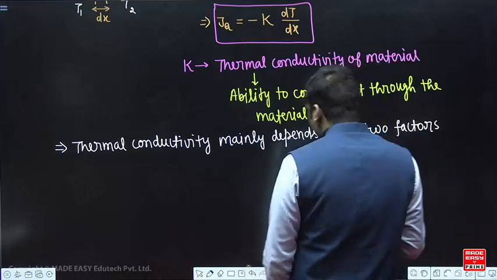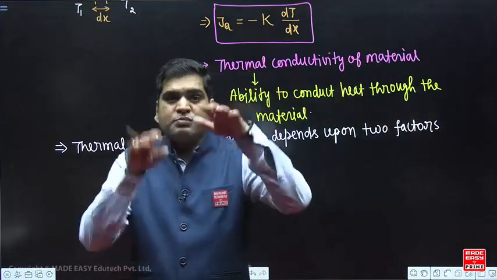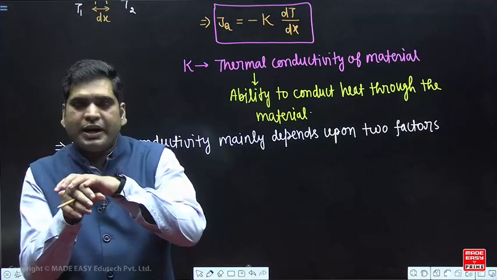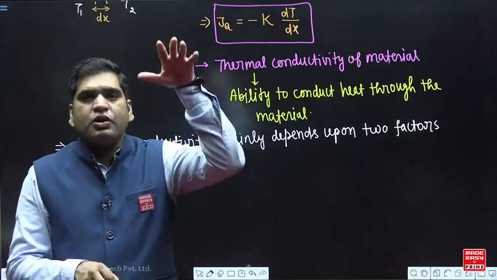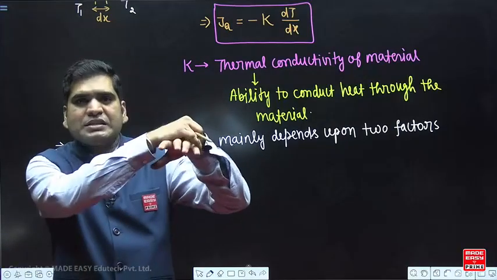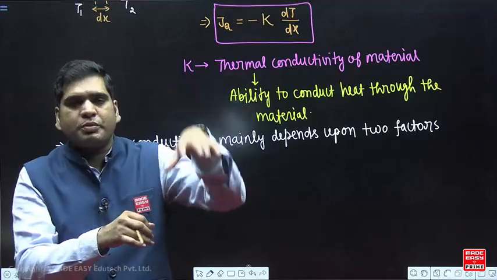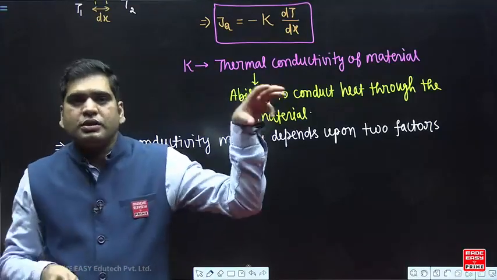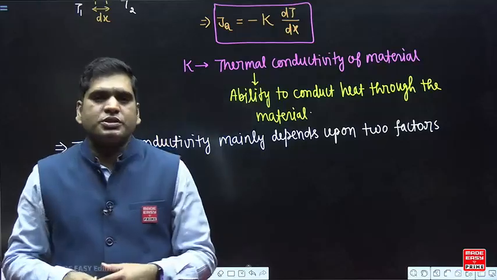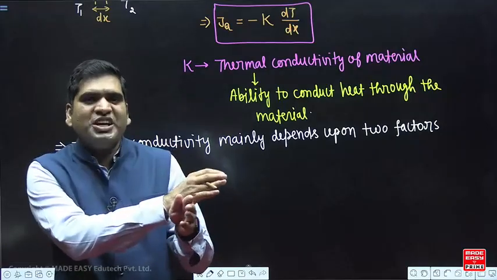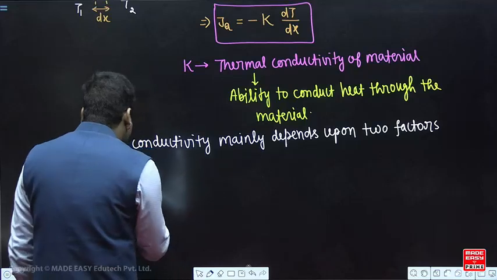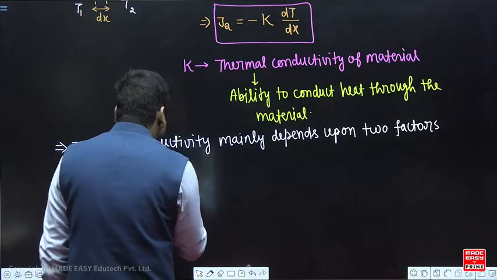One, if you recall, I told you that when atoms vibrate, this vibration is transferred to the neighboring atoms. These atoms vibrate because of thermal energy. If you increase the temperature, vibration will take place. This vibration will give energy to the next atom, and the next one to the next. This way, atomic vibrations are used to transport heat from one end of the material to the other. So the first factor is atomic vibration.